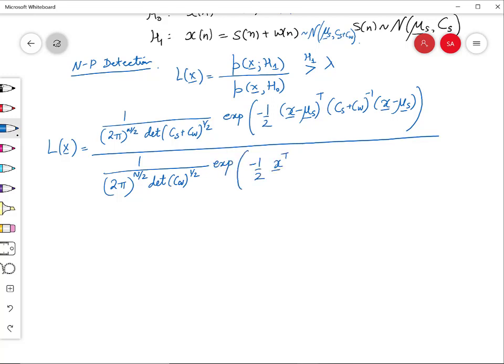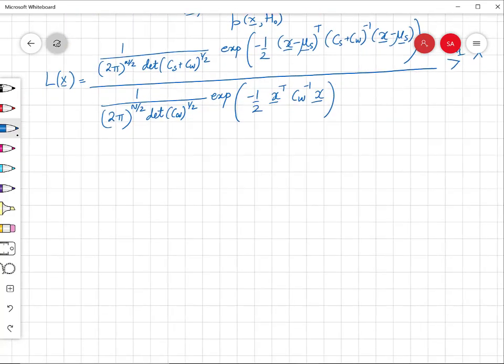Mean is 0 here, so it becomes x transpose Cw inverse x, and this is to be greater than lambda to decide hypothesis H1 to be correct.